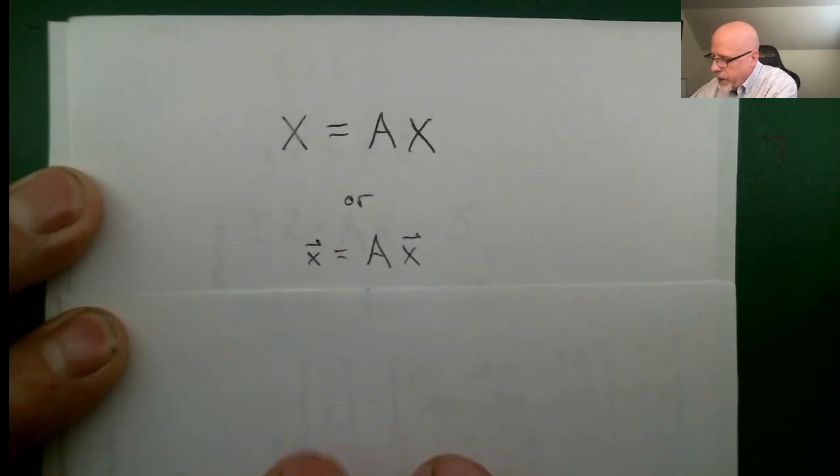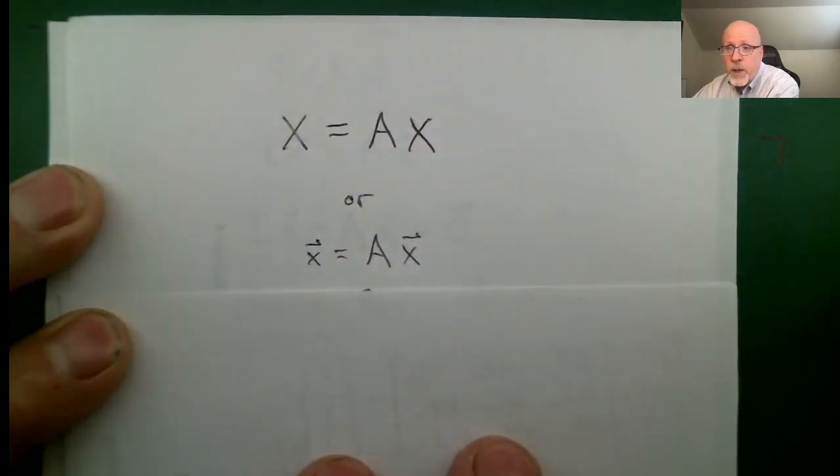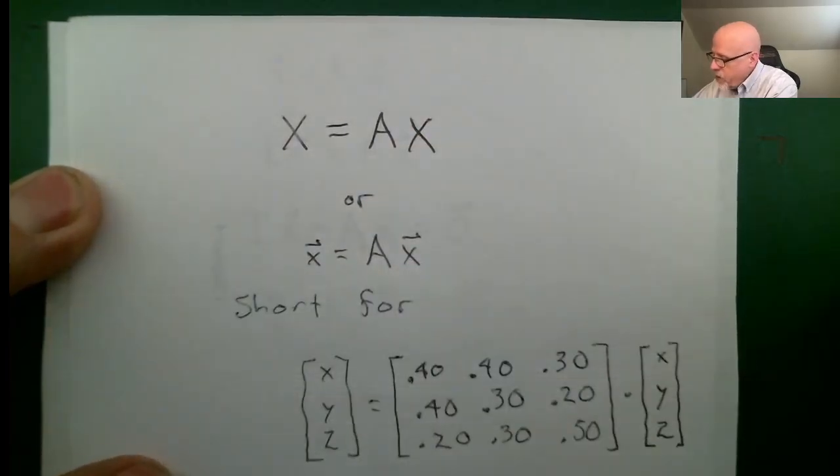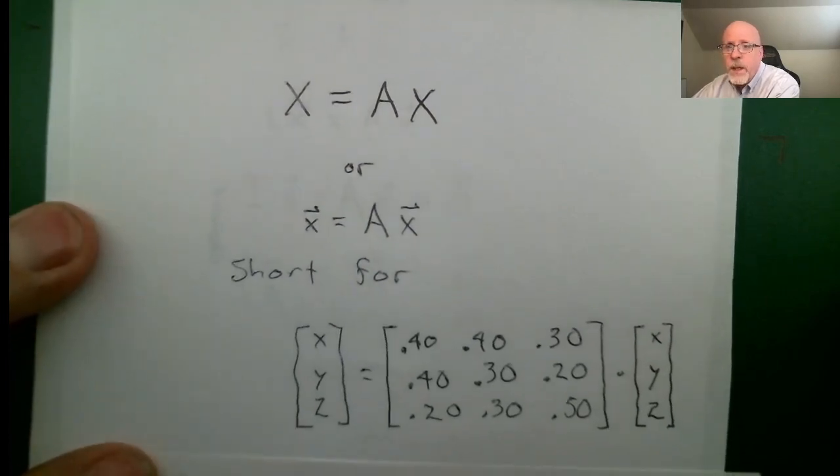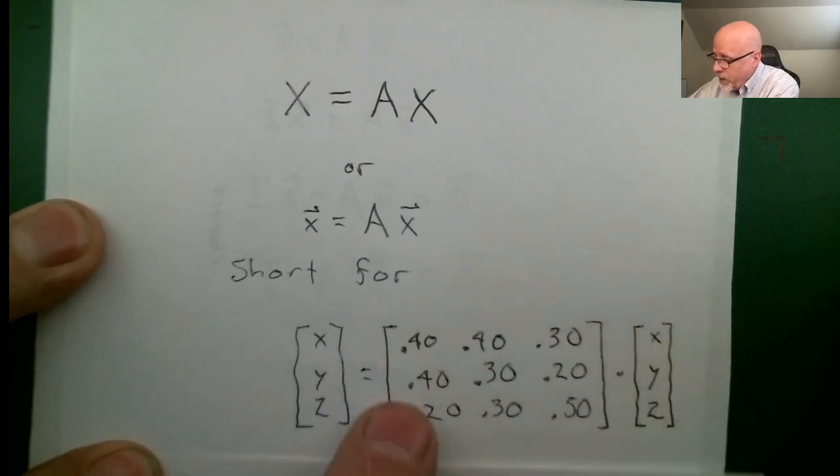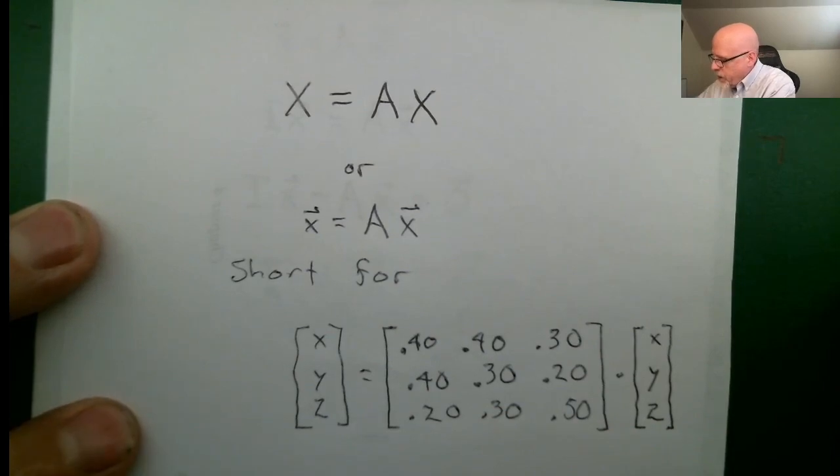So x is equal to Ax, just changing the decorations from what's in the book. That is short for this whole system: the vector xyz is equal to the result when you multiply our IO matrix times the vector xyz.